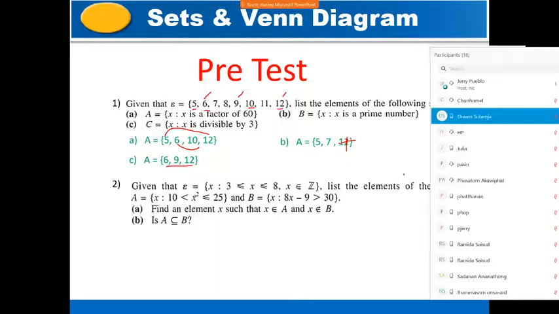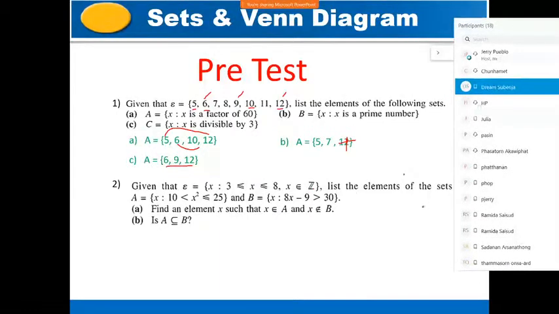Okay, given that the universal set is x greater than or equal to 3 and less than or equal to 8. That's why from 3 to 8, no? Where x here is z. What is z? Integers. Okay, list the elements of the sets. For set A, where the element x squared is more than 10 and less than or equal to 25.